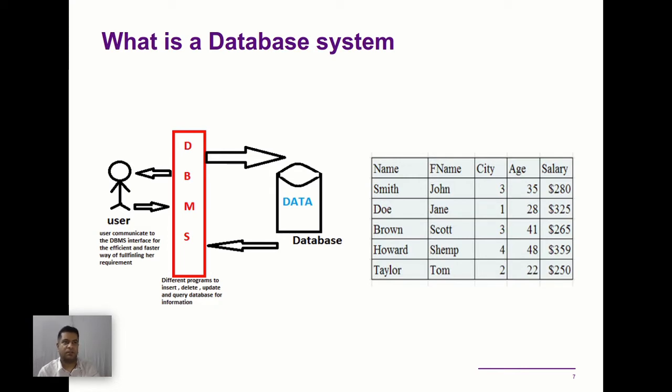If we think about a simple table creating a relationship between the city, the age, and the salary of an individual, then it's going to look something like what's shown on the screen. So this, for our purpose, is a database system. We'll not go further and define database systems in detail because this is going to be enough to understand some of the problems that we are going to talk about, especially related to database systems, in the coming slides.